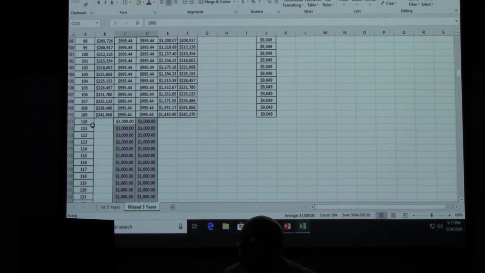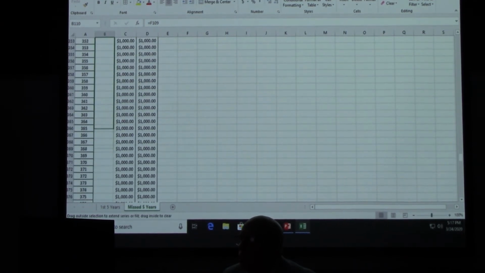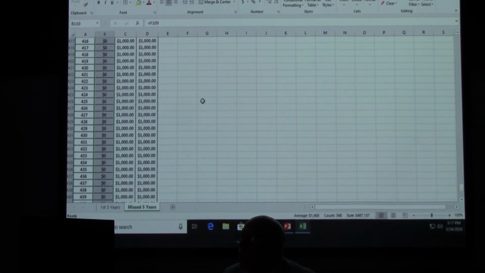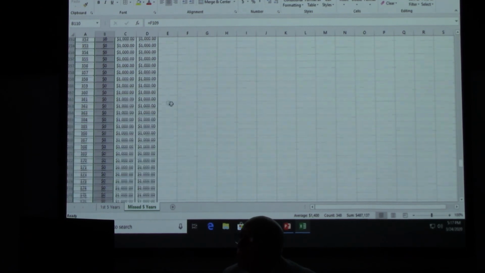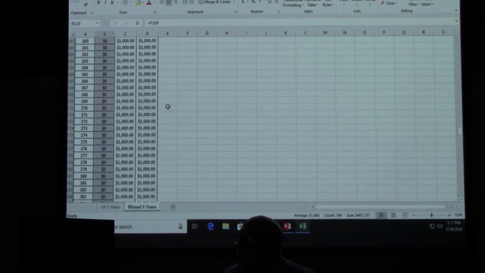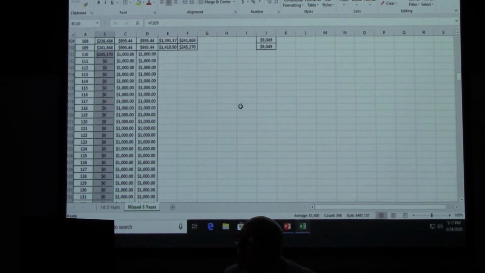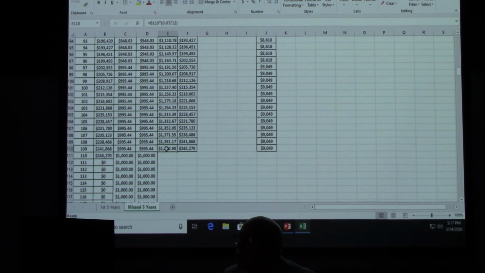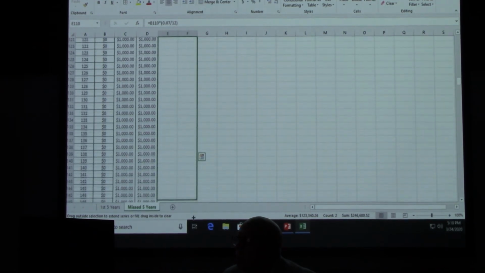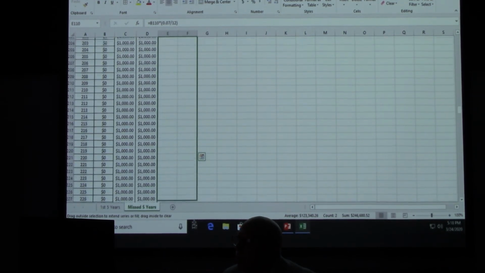And then we can take this all the way down, and hopefully this will all fill up. Let's go back up here. Let's grab both of these, take them all the way down, and hopefully the table will fill up.